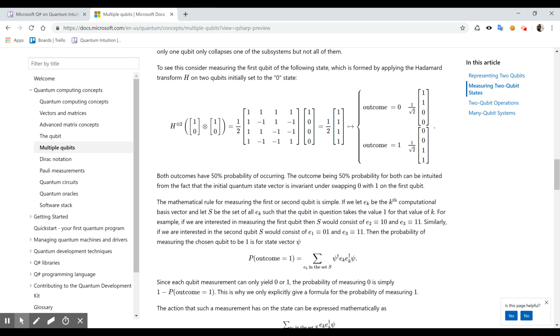So if you measure the first qubit to be 0, then your state becomes this, not this. Because you know it's a 0, you can only get either 0, 0 or 0, 1, right? So 0 being the first, the leftmost, I assume.